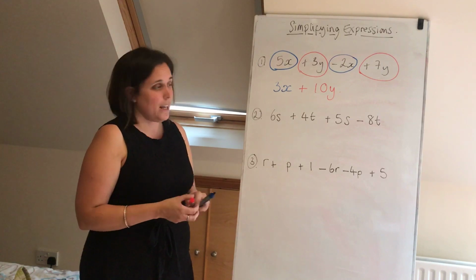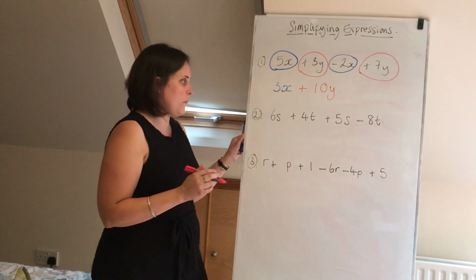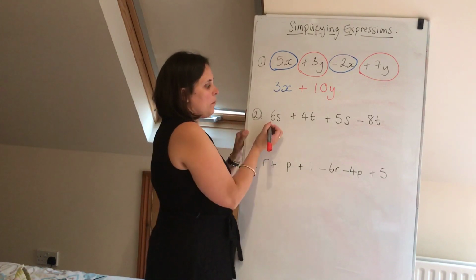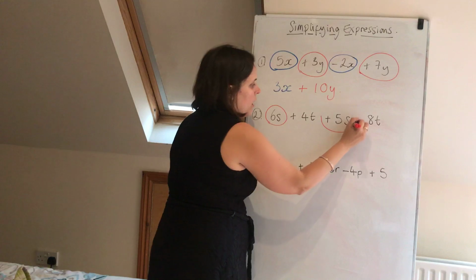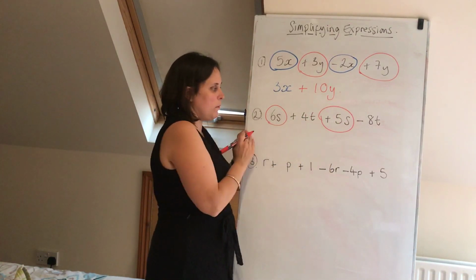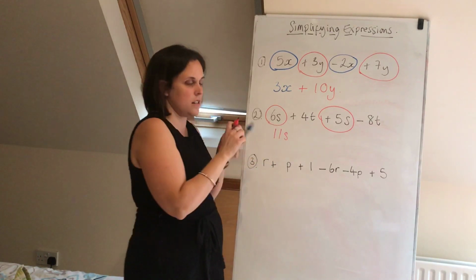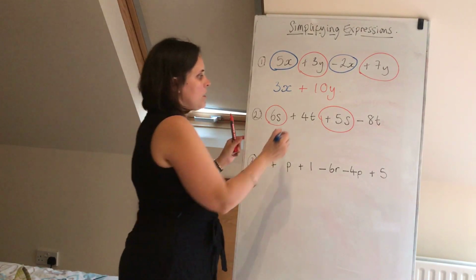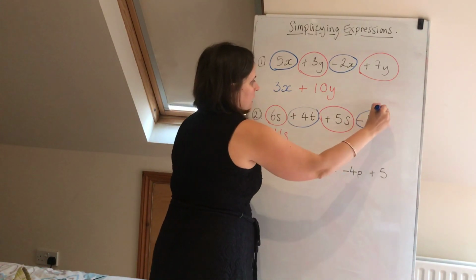We've got 2 different letters here again, so I'm going to circle them in the same way as I did before. So this time I'm going to start with the s, so we've got 6s plus 5s, okay? And the same way as we did before, 6s plus 5s, that gives me 11s. And then I've got plus 4t minus 8t, okay?